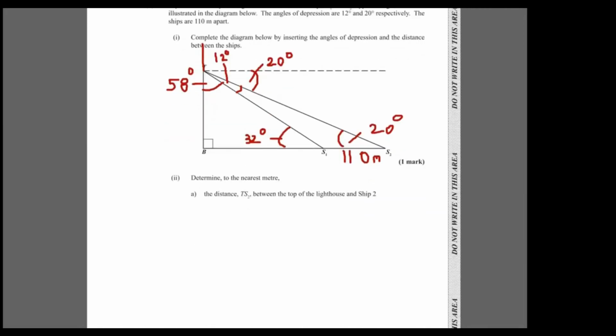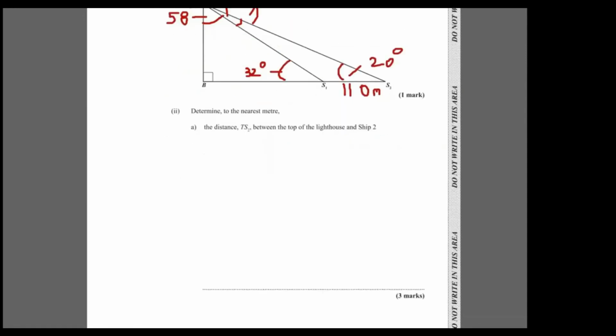Going in this triangle, and guys, you might see me do this a lot, but I like to sketch what I'm doing. This is the triangle we have. This is S1, this is S2, and this is T. I know that this distance S1S2 is 110.